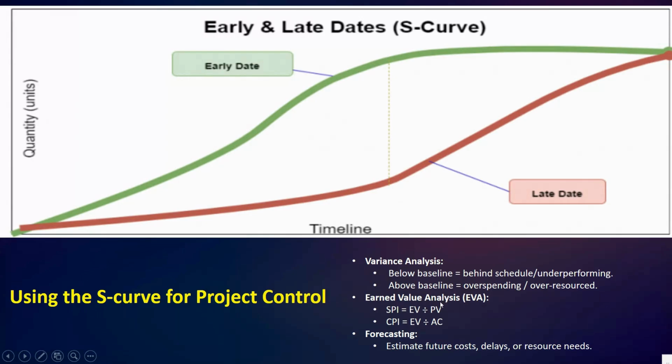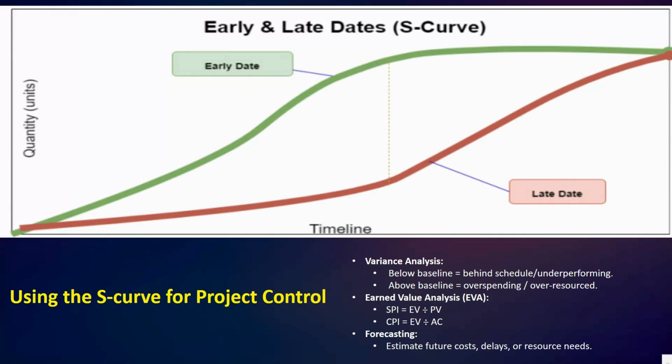We can also use earned value analysis directly on the S curve. The schedule performance index, SPI, and CPI: SPI shows whether we are ahead or behind schedule, while the cost performance index, or CPI, indicates whether we are under or on budget.